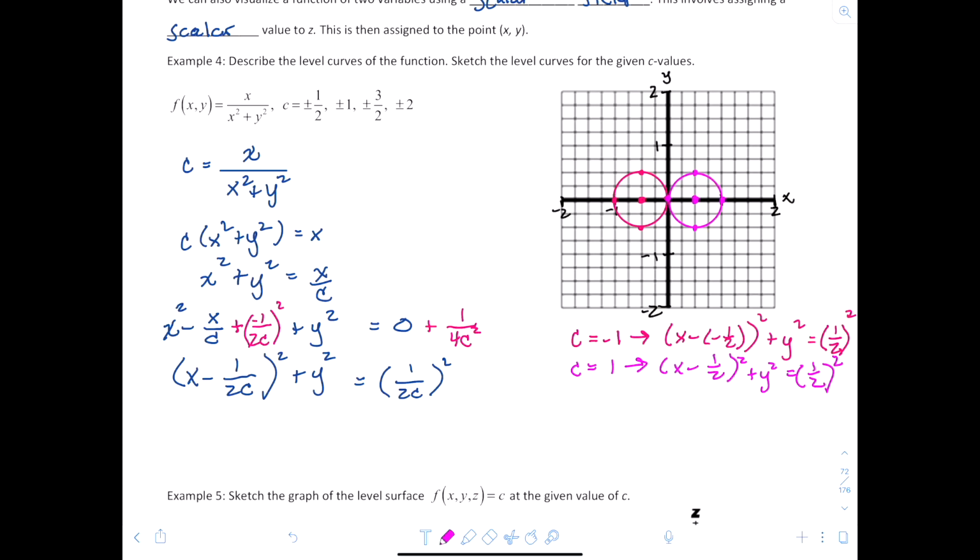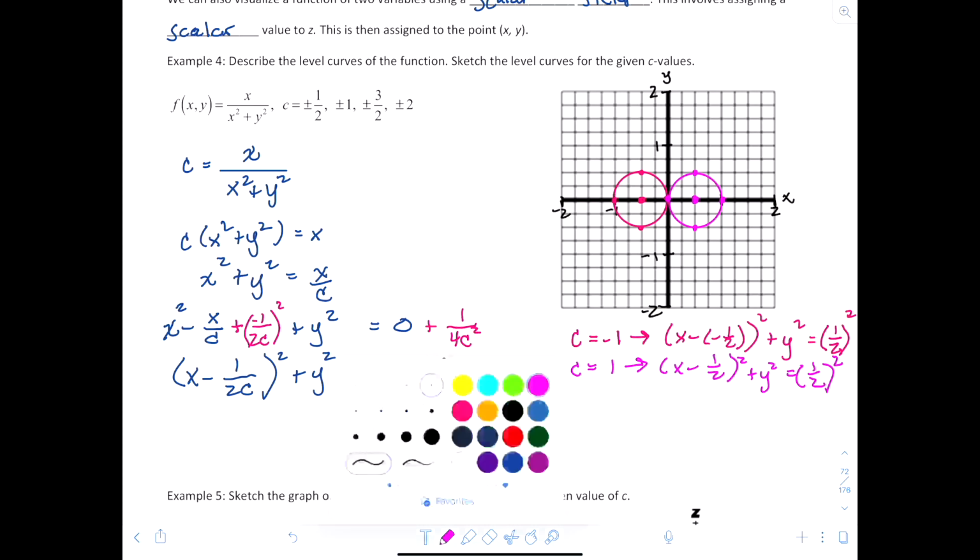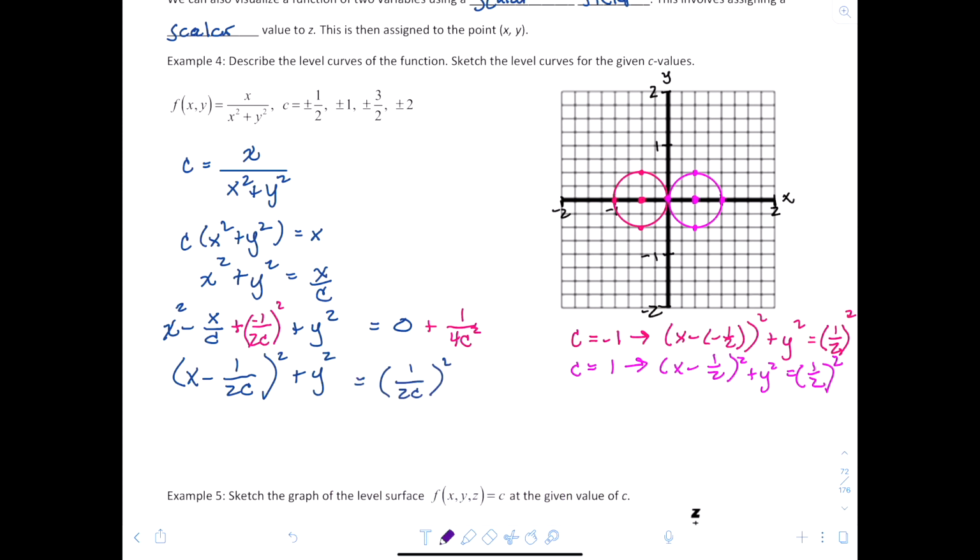Cool. Awesome. All right, so continuing, let's go ahead and do c equal to -1/2. So if we did that, that would make that x minus -1, the quantity squared, plus y squared is equal to -1 squared, which would just be the same as 1 squared.